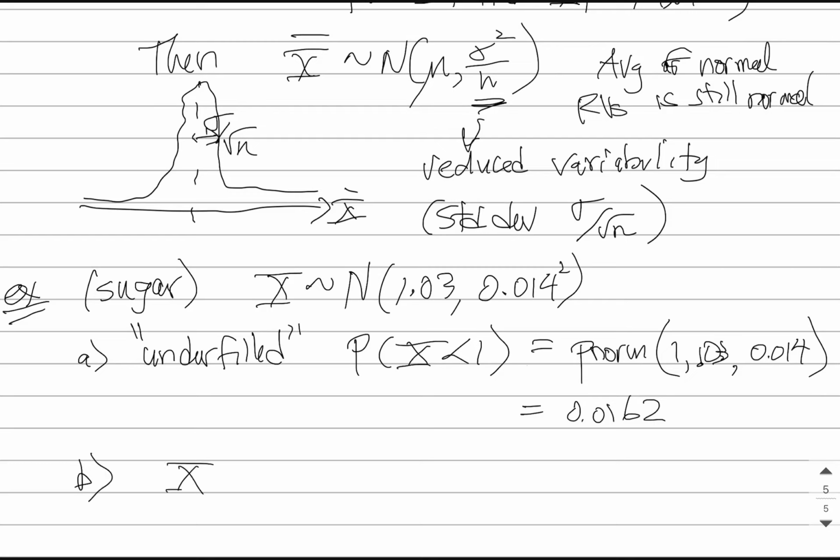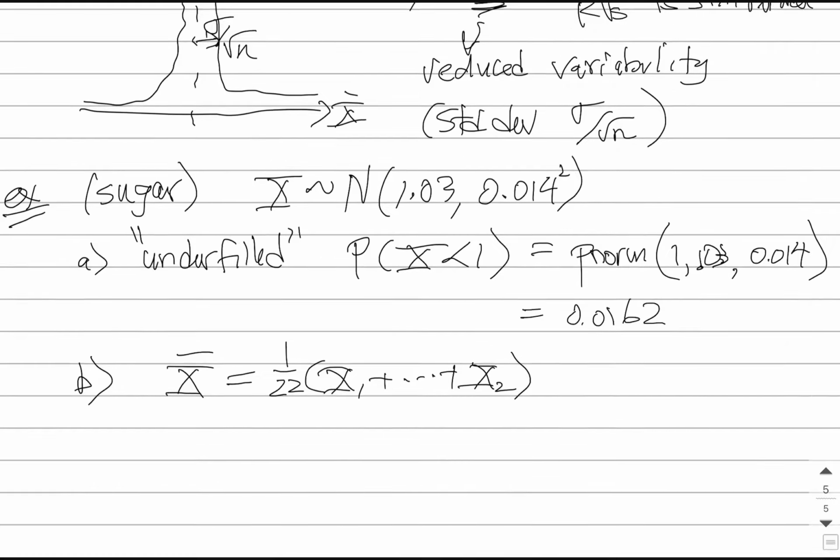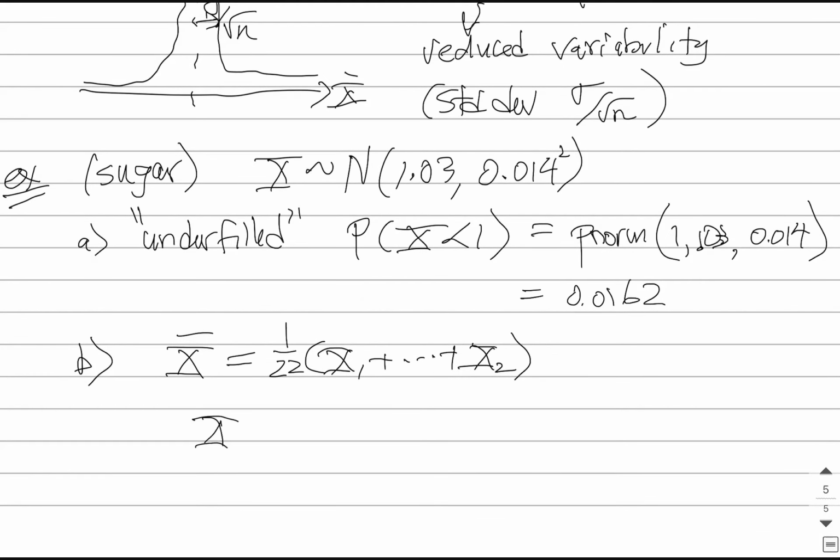Now, if we take the average of this with 22 bags. So if we were to take 22 different machines and then take the average of them, the average now is a new random variable, and we are going to assume that all of these x_i are iid, and they're all with the same values as above.